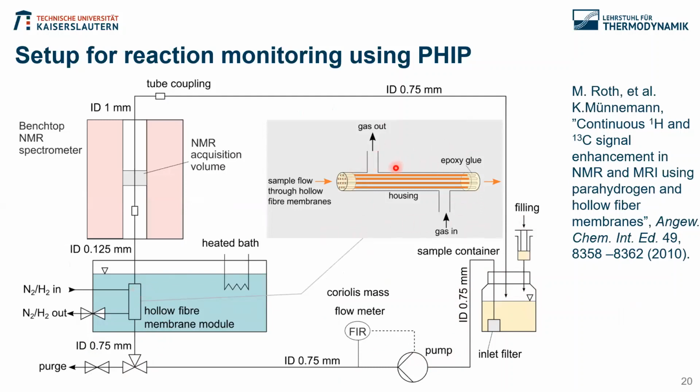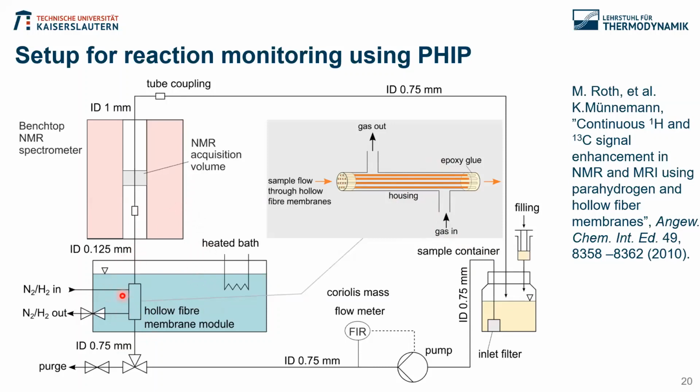That's a module equipped with hollow fiber membranes, because we apply the parahydrogen through these hollow fiber membranes to avoid bubbling or foaming or something like that. And everything is sitting in a heated bath, because normally heat is just enhancing the reaction speed. So here we used 60 degrees C for those measurements in water.